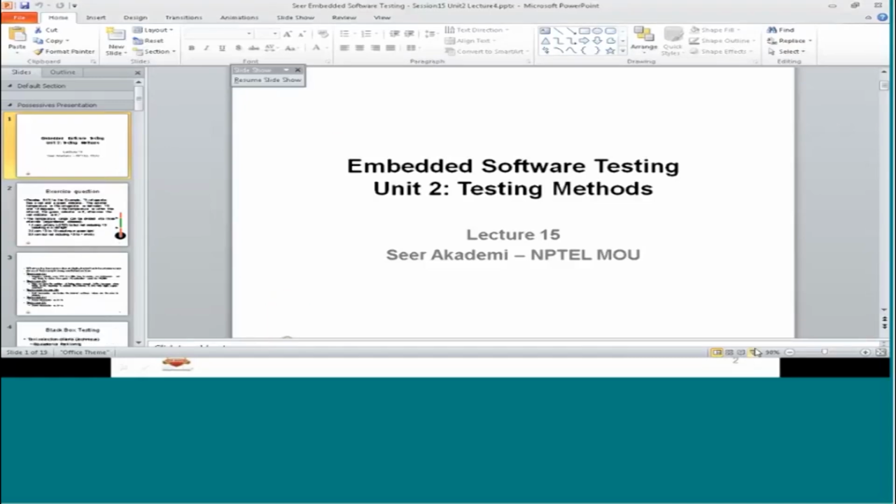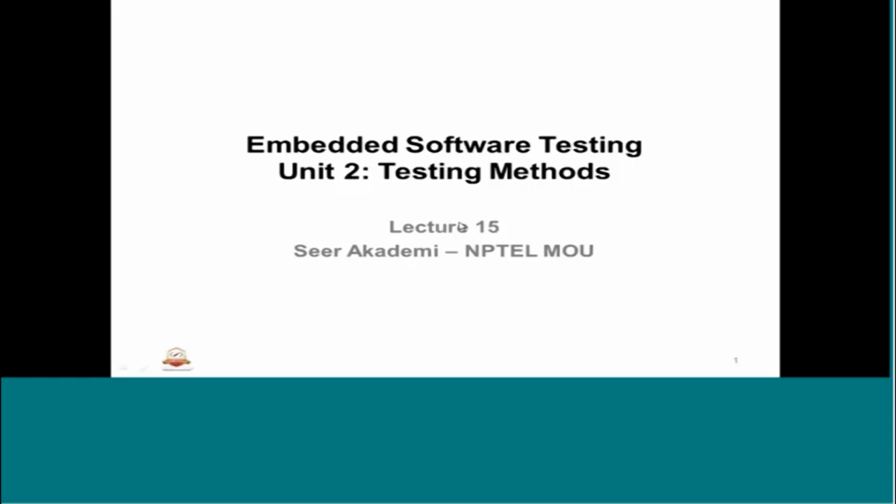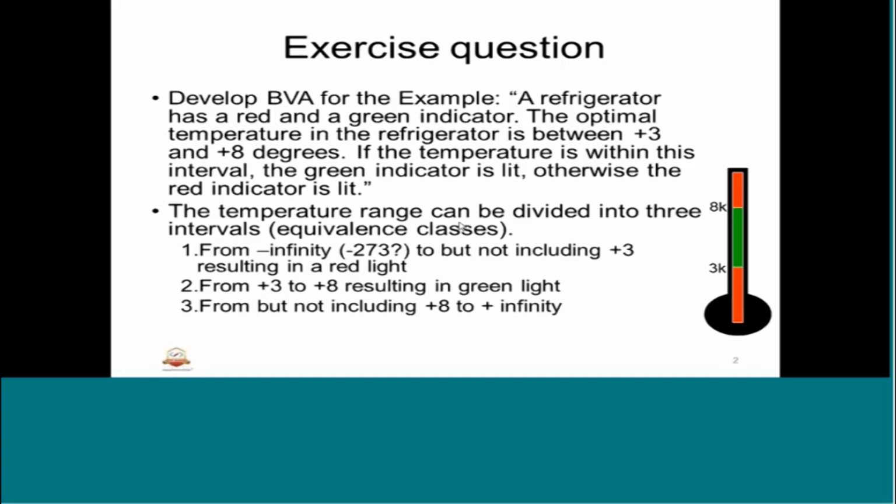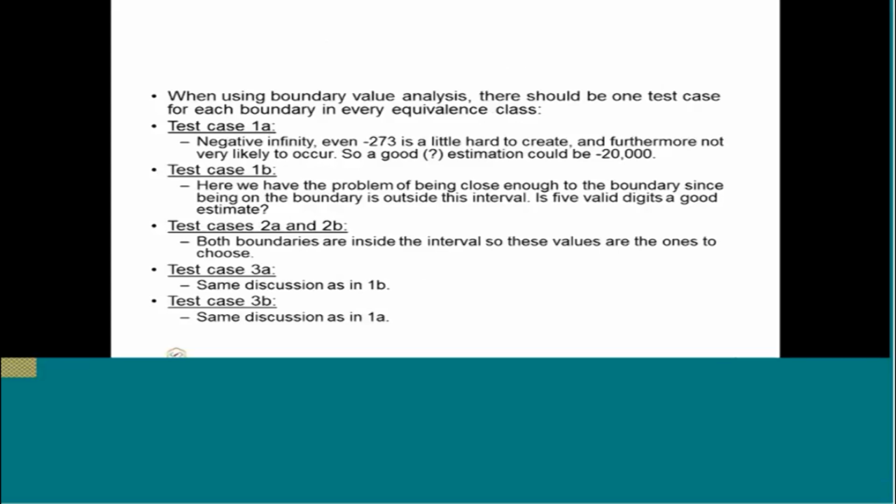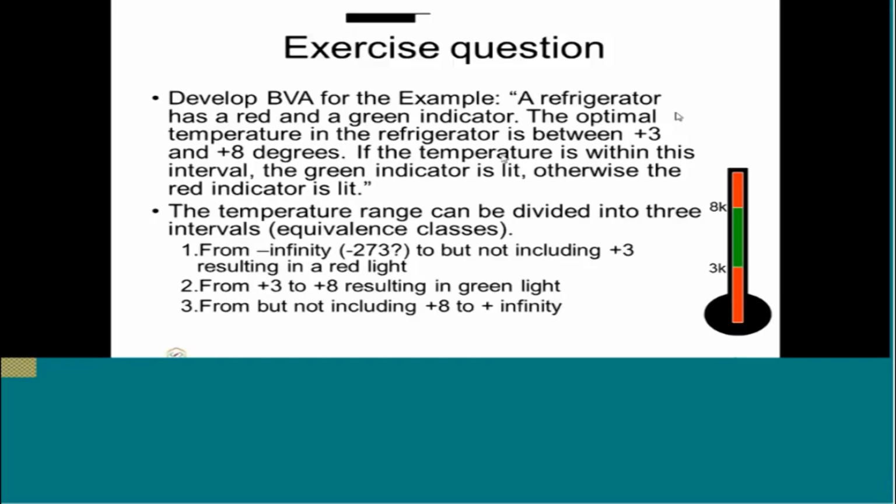We know that given a range, something like a refrigerator temperature from 3 to 8, we can have test cases. In the earlier session we studied boundary value analysis with an example of a temperature indicator indicating red and green between 3 and 8.